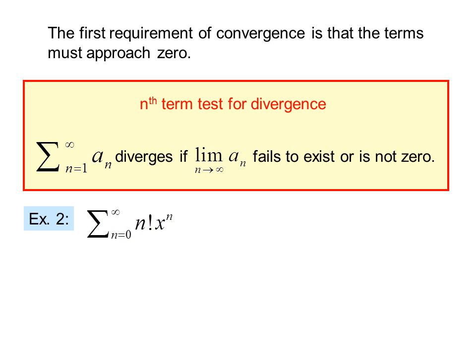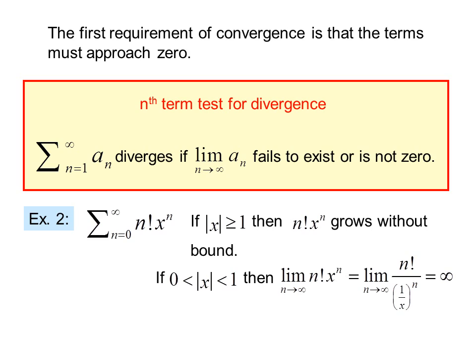Example, the summation of n equals 0 to infinity, n factorial x to the n. If the absolute value of x is greater than 1, then n factorial x to the n grows without bound.